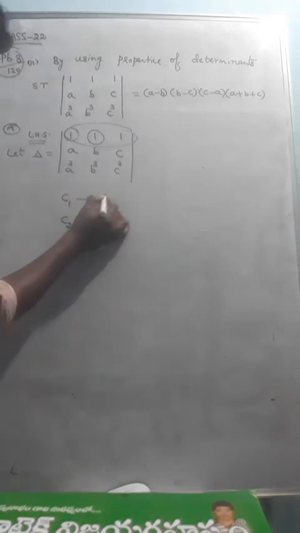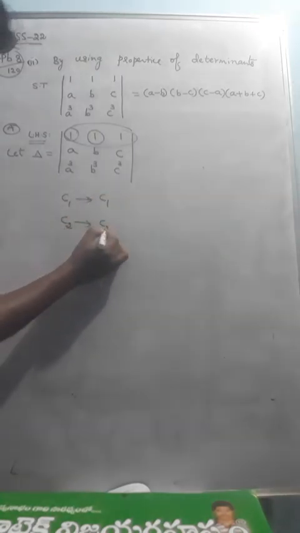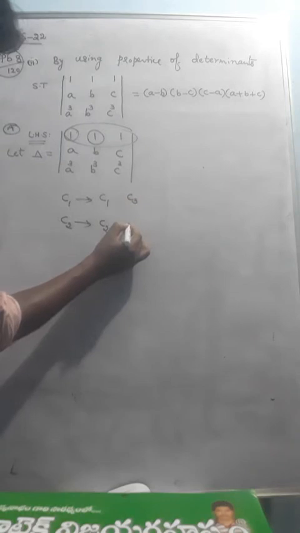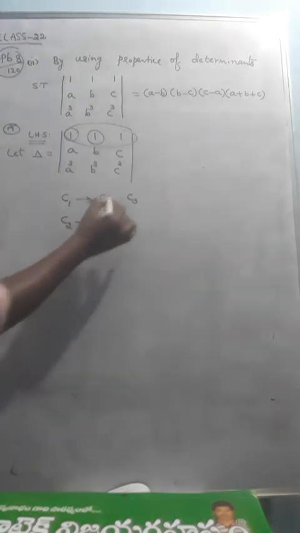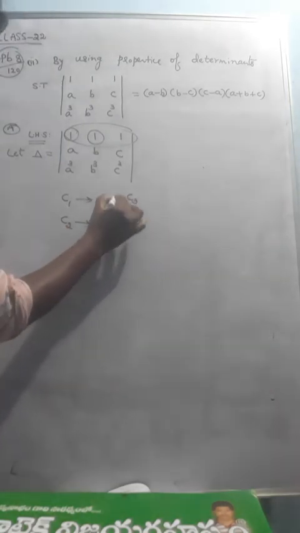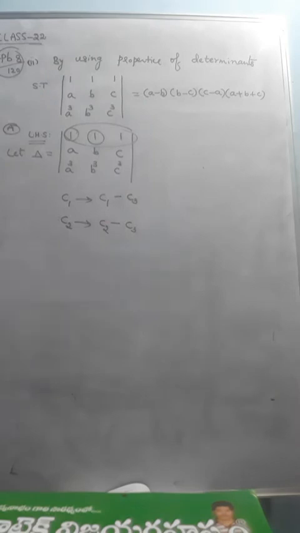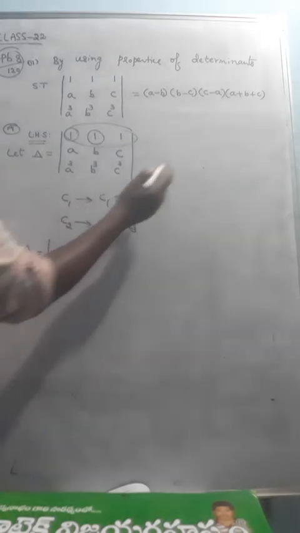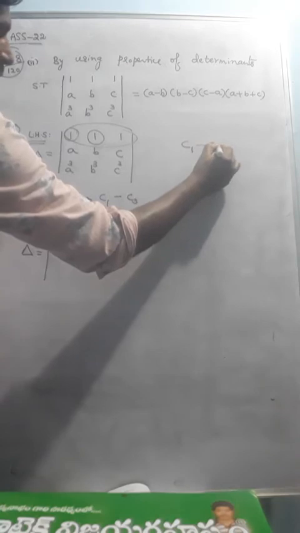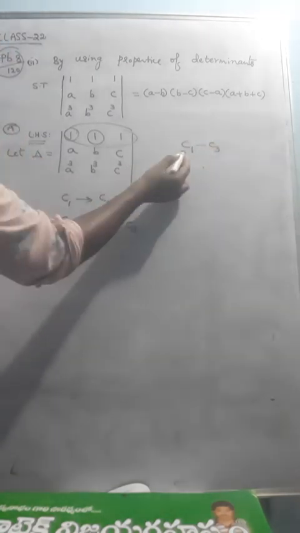So here C1 means C1, here C2 means C2, and the standard column is C3. So you can keep the middle minus. Next, delta is equal to the determinant of. I want changes in C1. So how? C1 minus C3. What are the C1 elements?